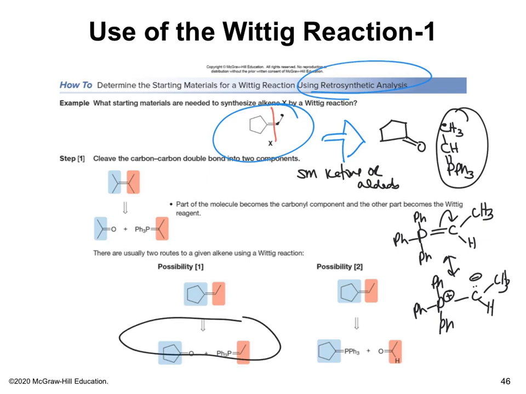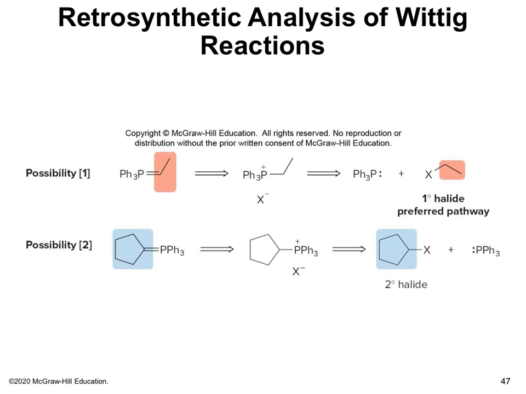This is the possibility I would probably choose just because you have fewer carbons for the Wittig. And they're saying that a primary alkyl halide to make the Wittig is the preferred pathway. So, like I said, you're more likely able to get it commercially available.